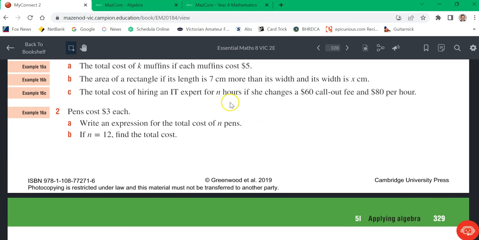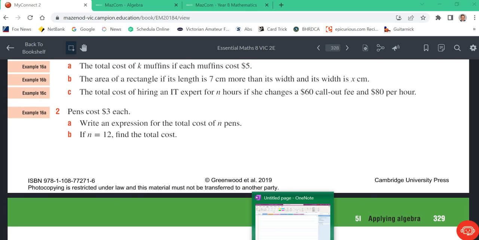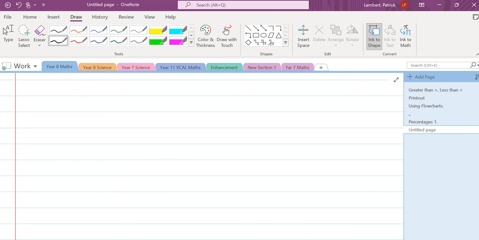The area of a rectangle, if its length is 7 centimeters more than its width, and its width is X centimeters. So if we had a look at something like that, we'll draw a shape.